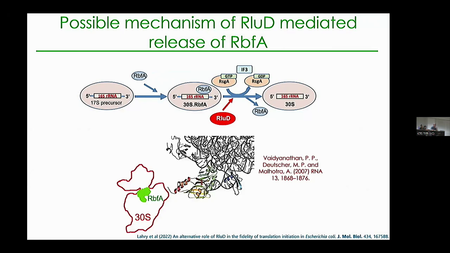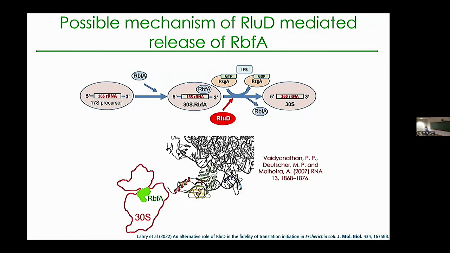So the final removal of RLUD is happening only when the 50S subunit is docking onto that 30S initiation complex, which is already bound with the initiation factors, tRNA and mRNA. Correct, correct. I understand. Thank you very much. I mean, it's probably doing a lot of things. In fact, this is also responsible for removing IF3, because IF3 is also bound there. So this joining probably has a lot of purpose.